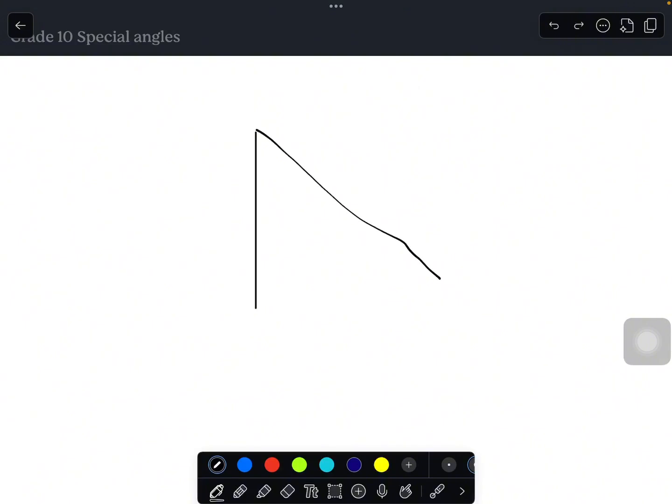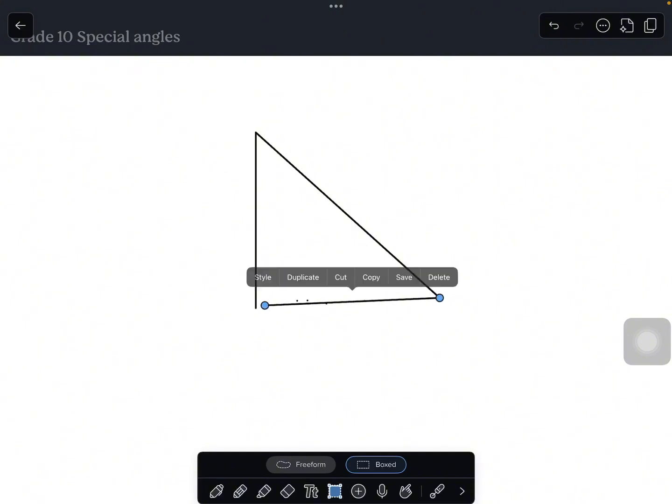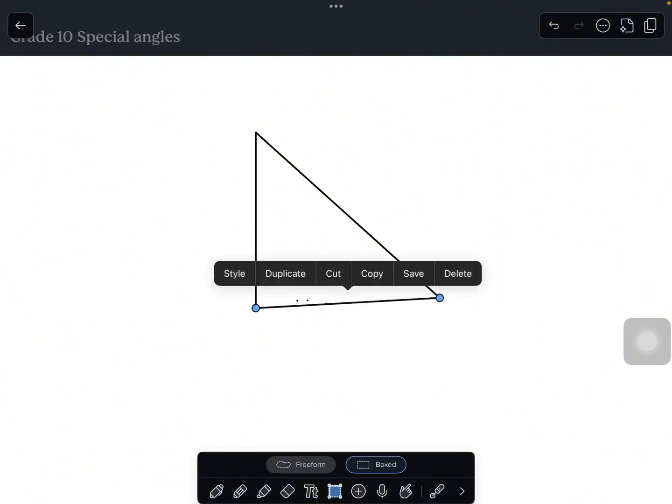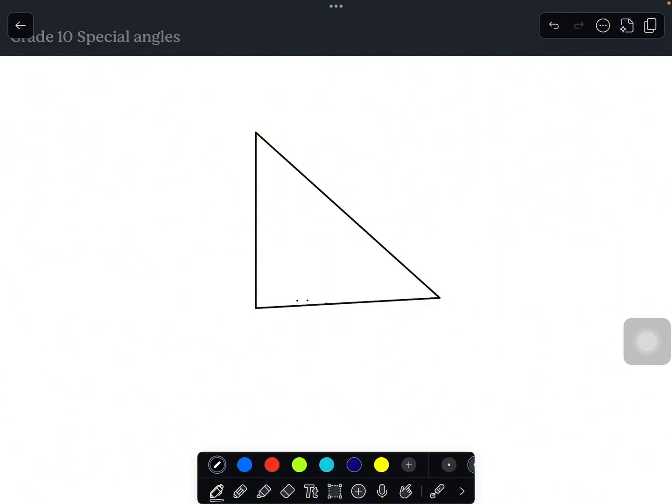We know that this length right here equals the length on the other side, and the angles within it will be 45, because if this is 90, we have equal sides opposite equal angles. So this angle here will be 45, and this angle here will be 45.